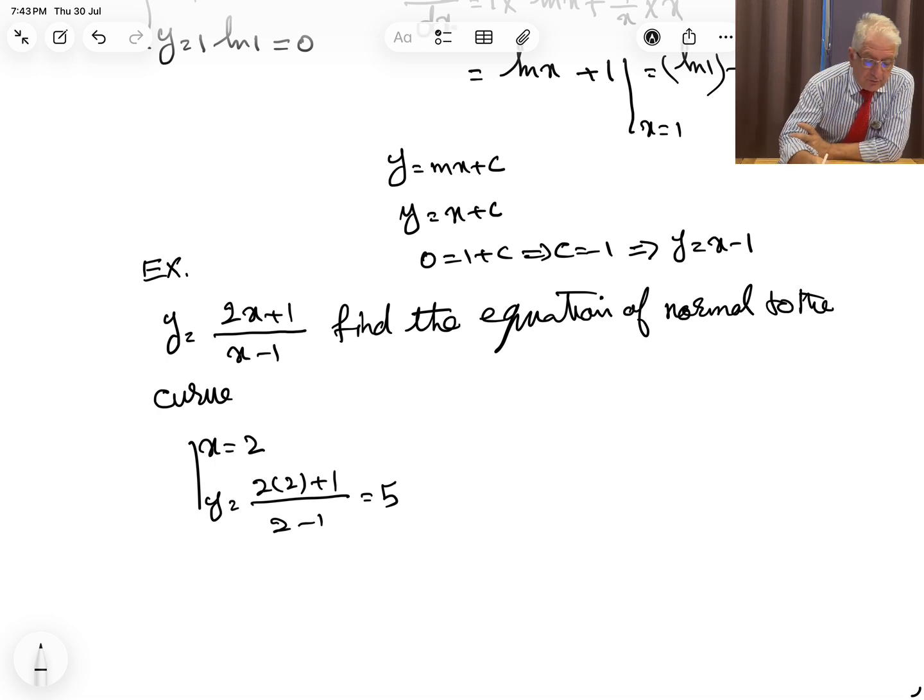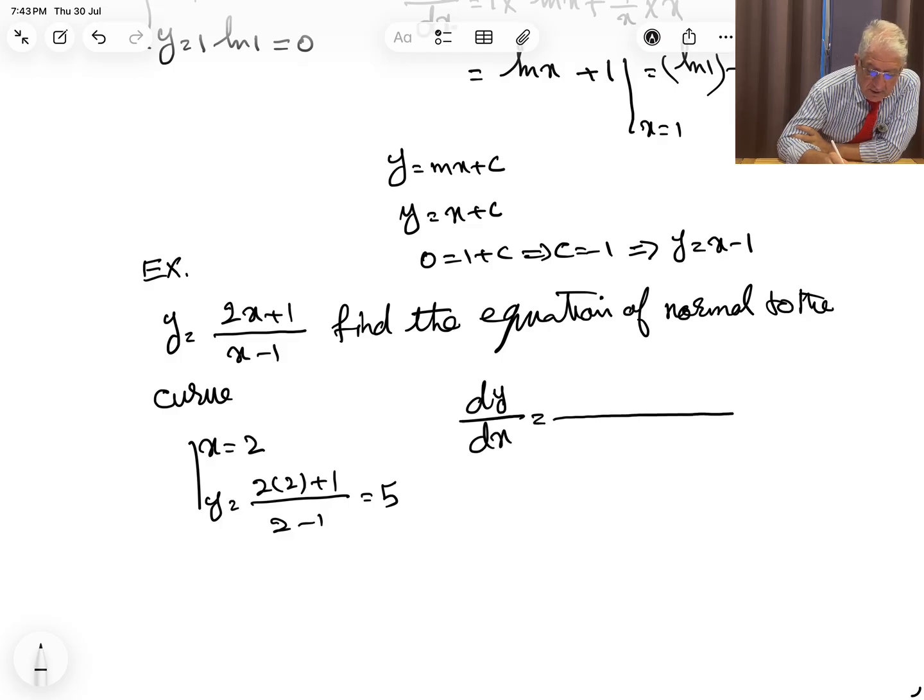Now I need to differentiate this function, dy by dx. Now we know that this is the quotient rule. Differentiate the numerator, then multiply by the denominator, and then go the other way around. The derivative of the numerator is 2, times x minus 1, minus the derivative of the denominator, which is 1, times 2x plus 1, divided by x minus 1 squared.